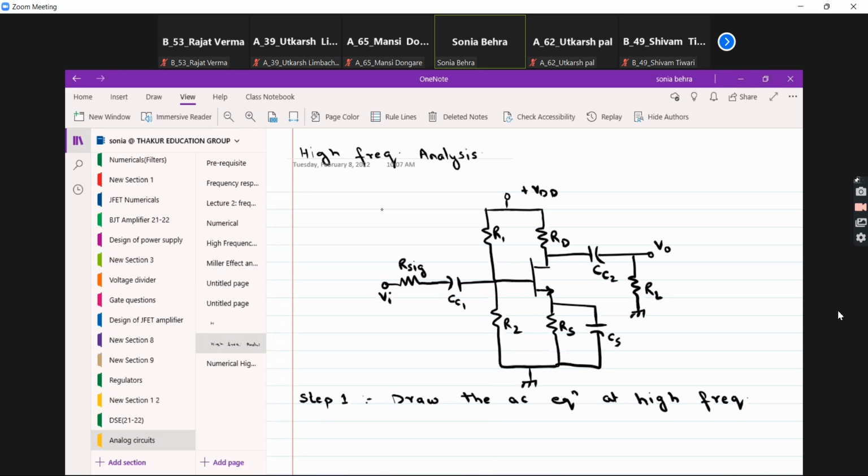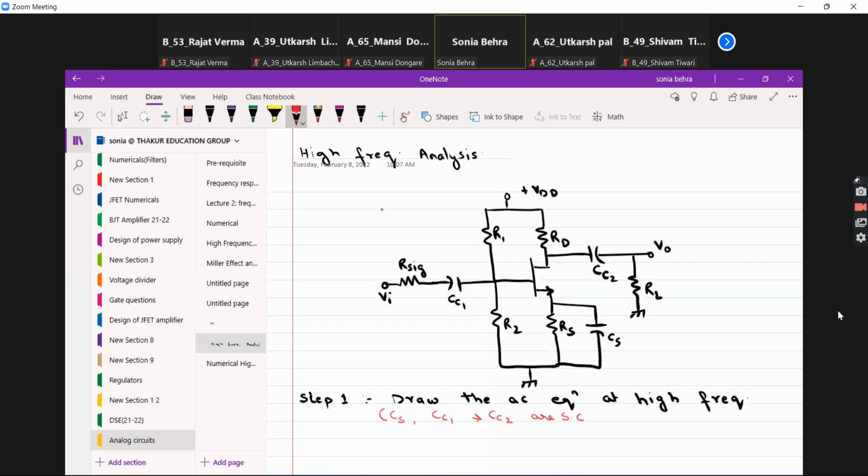So when I talk about high frequency, the first thing you know is that these external capacitances, that is your coupling capacitors C1, C2 and CS, are short circuit. So whenever we talk about high frequency, always remember that CS, CC1 and CC2 are short. ये हमको अभी तक समझ गया है कि हाई फ्रीक्वेंसी यानी शॉर्ट होंगे.